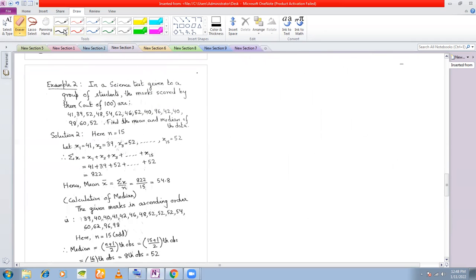In a science test given to a group of students, marks scored by them out of 100 are these. The question is find the mean and the median of the data. Okay, so first calculation of mean. We'll first calculate the mean.